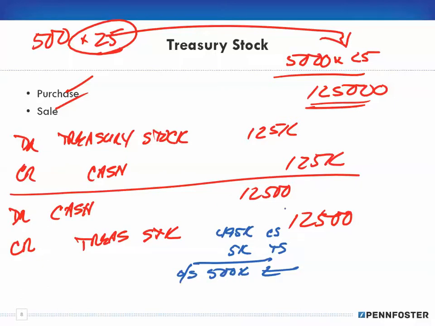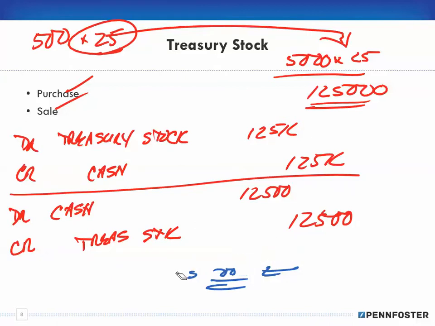Now when we sell back into the marketplace 500 shares, our treasury stock doesn't have 5,000 shares. It has, let's see, no, 4,500 shares, and our common stock now has 495,500. We didn't retire any of that stock, so our outstanding number of shares still stays at 500,000.